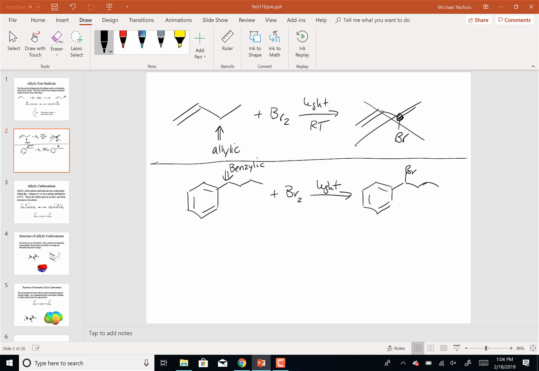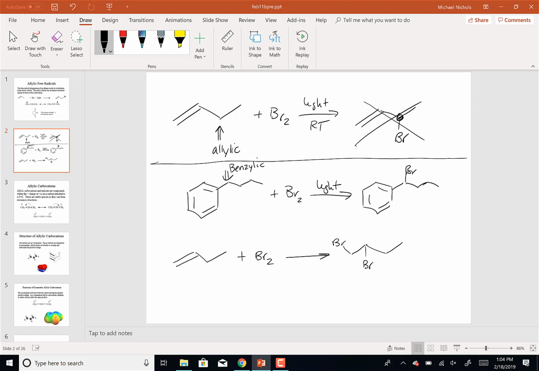How many bromines? So what if I wrote that reaction and I left out the light and the heat? What would be the product of that reaction? I'd add, right, I'm going to add 2 bromines to a double bond, trans.